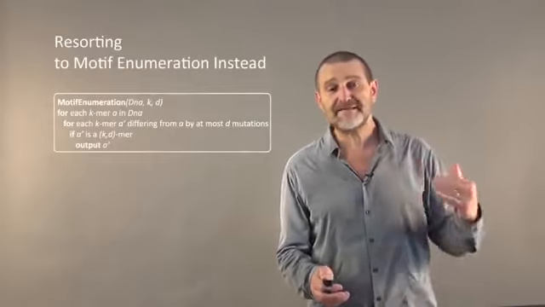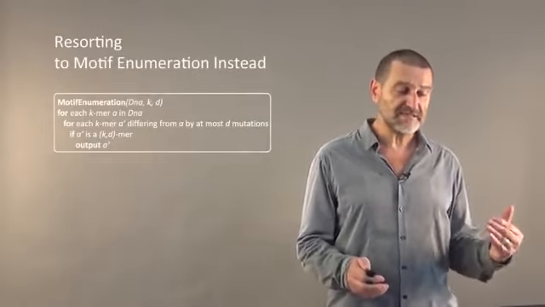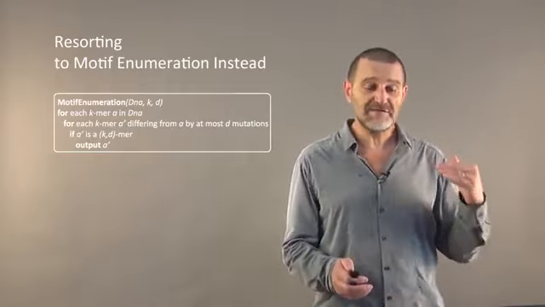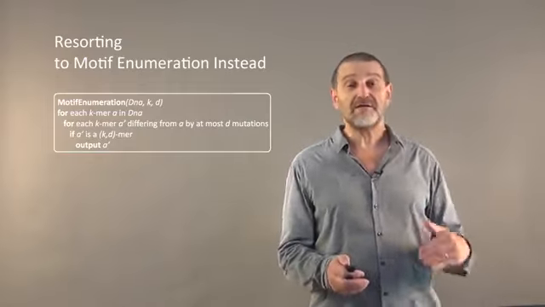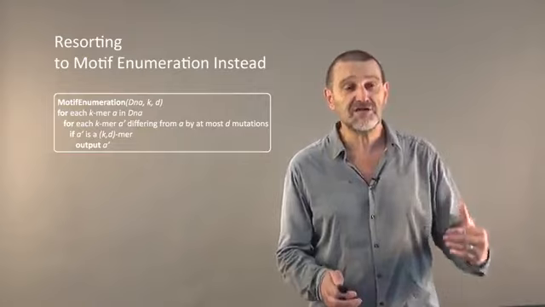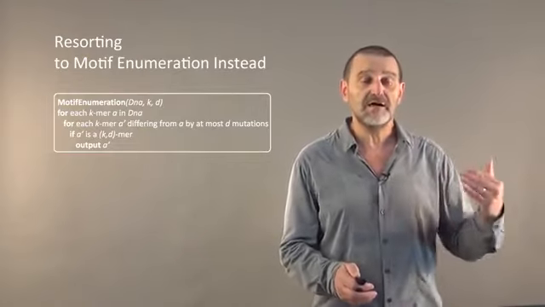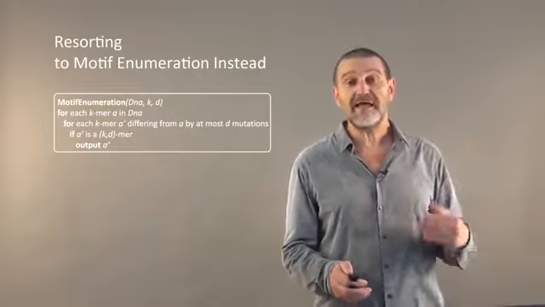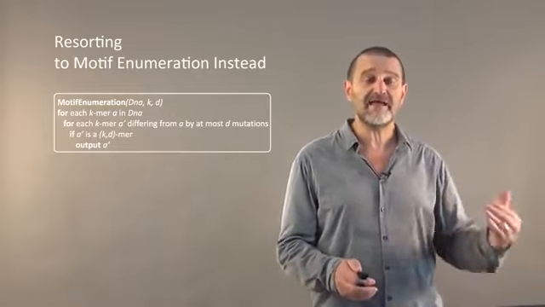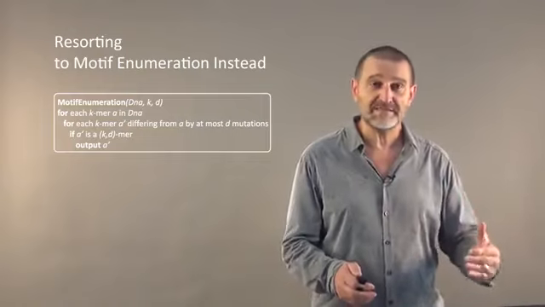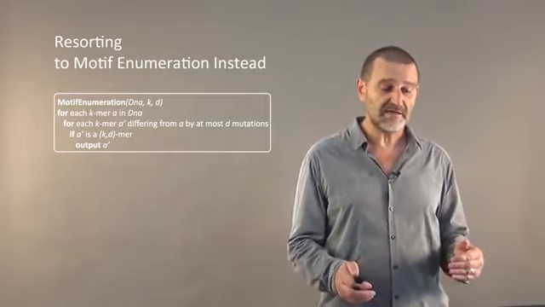That's why the motif enumeration algorithm would work like this. We will start from each k-mer from a sequence, let's call it A. For each such k-mer, let's generate all possible mutations with up to d nucleotides mutated, and for each such mutated k-mer A prime, let's check whether it appears as a (k,d)-mer in the strings.